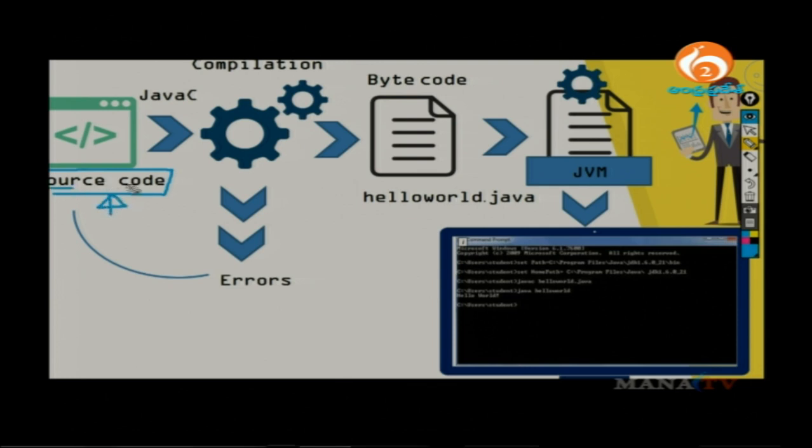As soon as you write the code, there is a term we discussed yesterday called compilation. Compilation is a process to compile your source code, and if it has errors, you revert back to the source code. If it does not have an error, some kind of byte code gets generated.